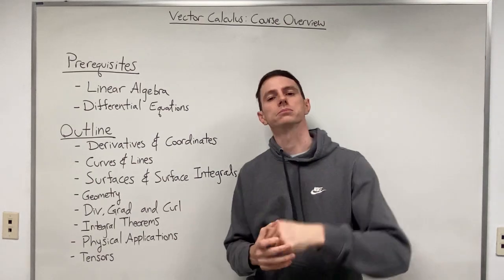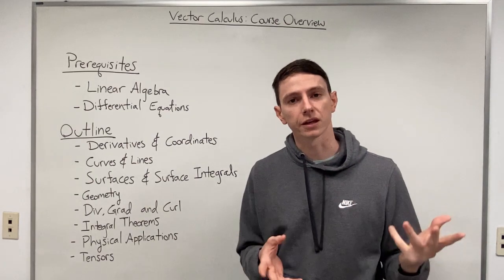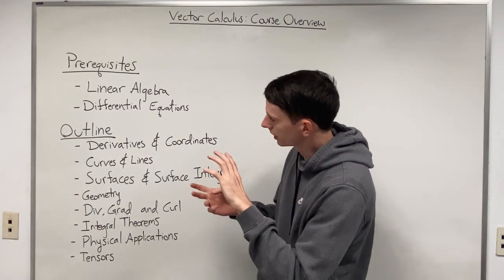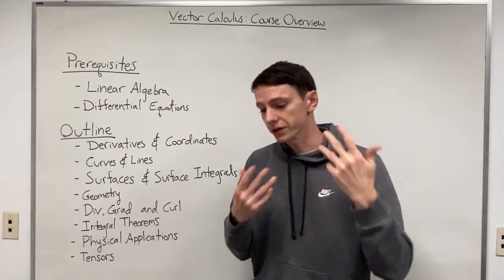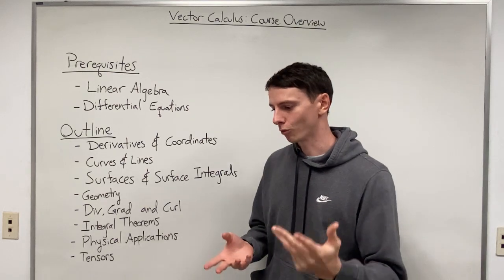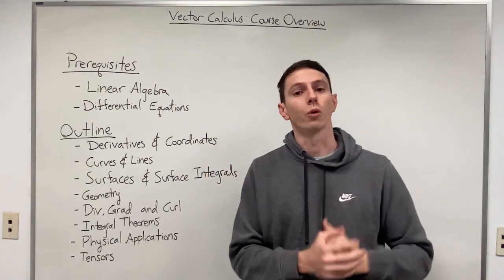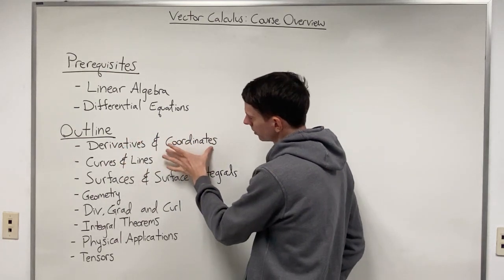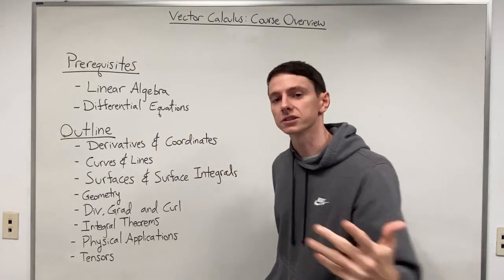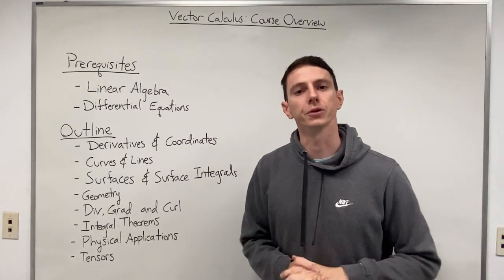This is going to look at scalar functions, vector fields, and stuff like that. And then we're also going to be looking at what it means to differentiate those quantities. How does the derivative generalize from what we normally think of as the derivative in just one dimension? We're also going to look at a couple of coordinate systems besides just the standard Cartesian coordinate system that we're already familiar with.